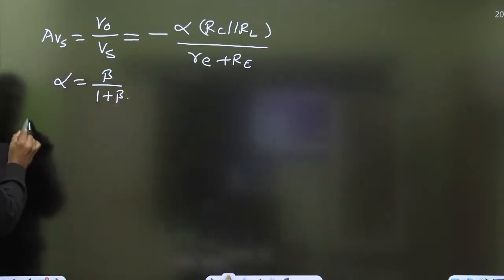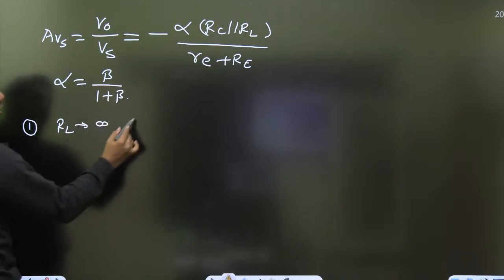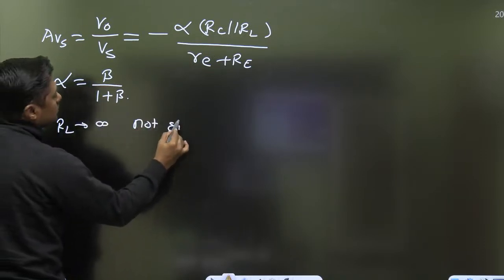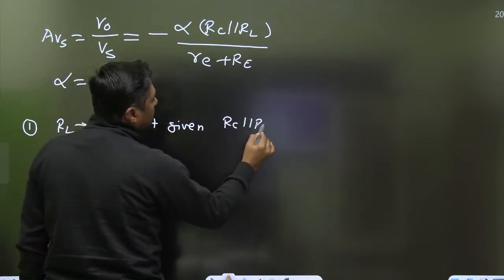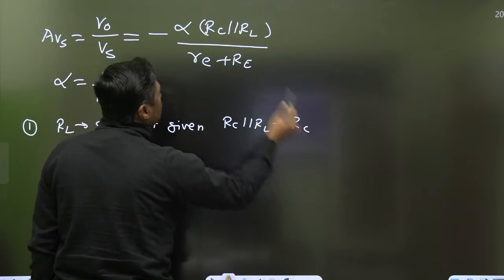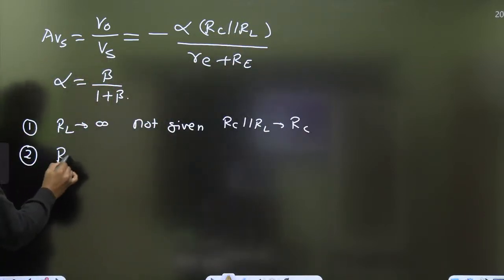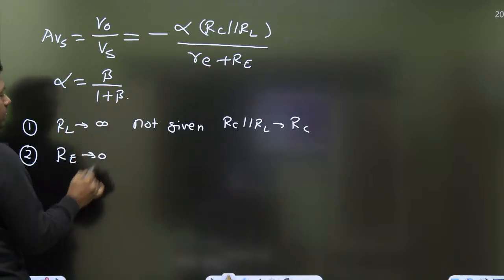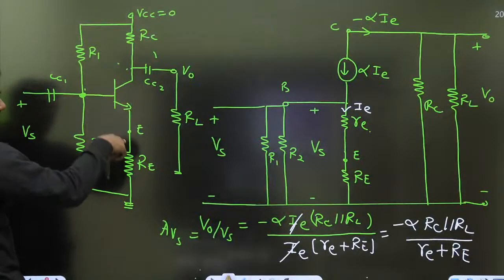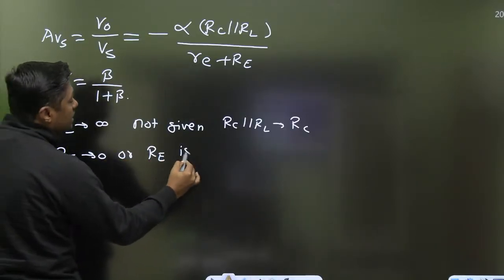First of all, if RL is not given, or RL is infinite, then RC parallel with RL will become RC only, so use RC only. Second, if RE is not given, it means RE is 0, a short circuit. Or RE is bypassed.